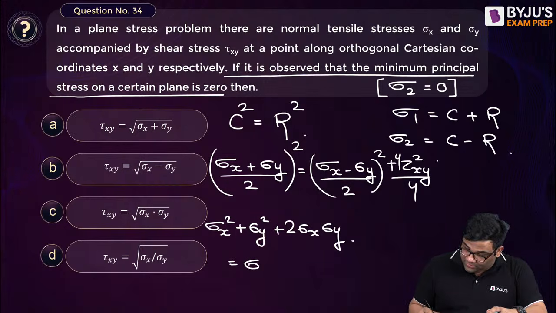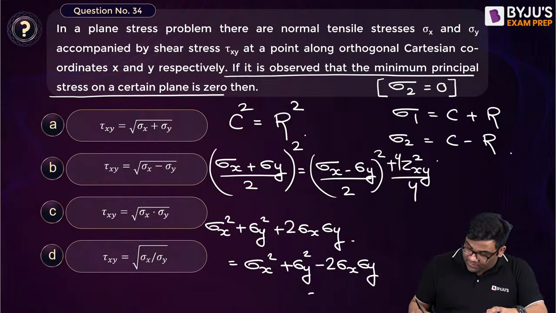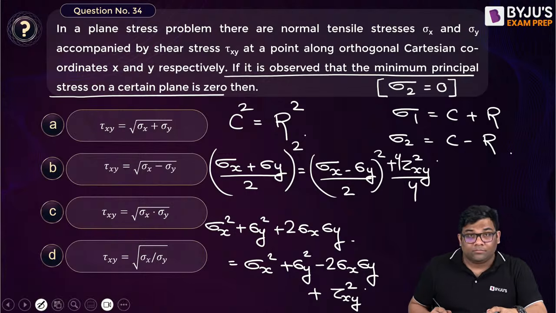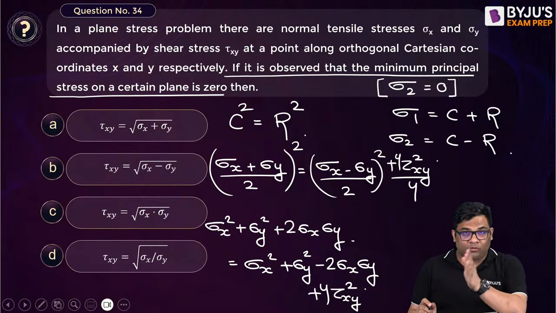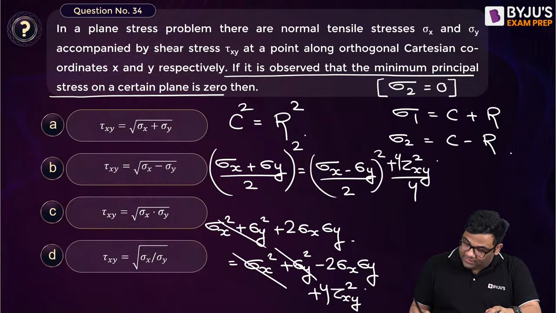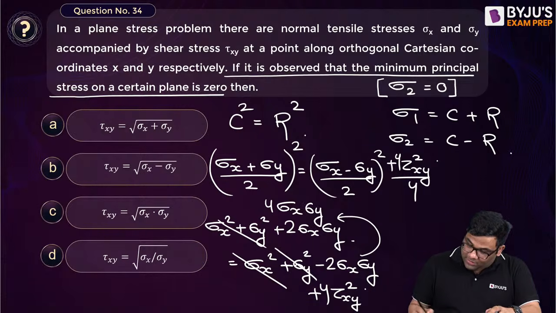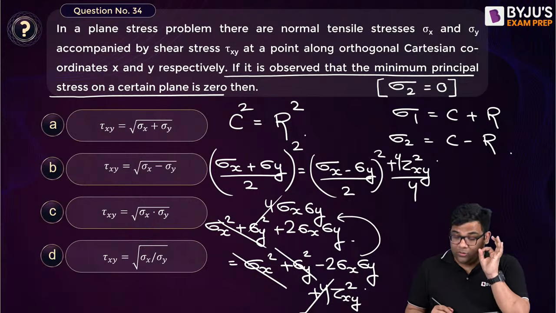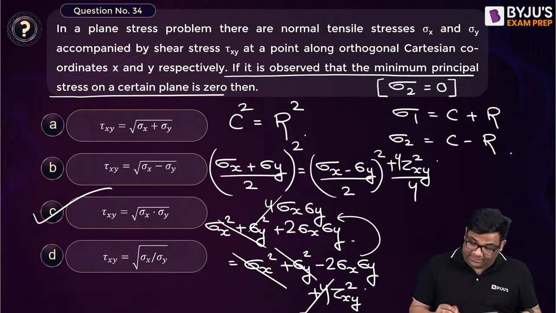So this will be equal to sigma x square plus sigma y square minus 2 sigma x sigma y plus 4 tau xy square, because you see the denominator everywhere is 4, 2 square is 4, right? So everything got cancelled. This will get cancelled, this goes this side, this becomes 4 sigma x sigma y. Now this is equal to this, the 4 gets cancelled, and I get tau xy square is equal to sigma x sigma y. So I get this relationship.